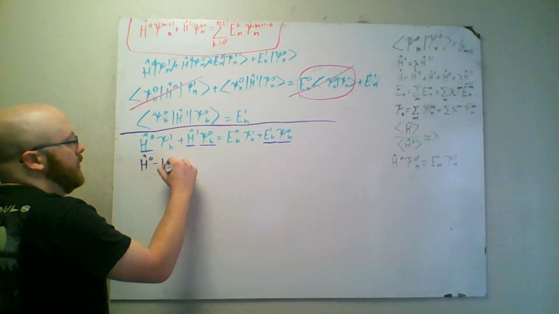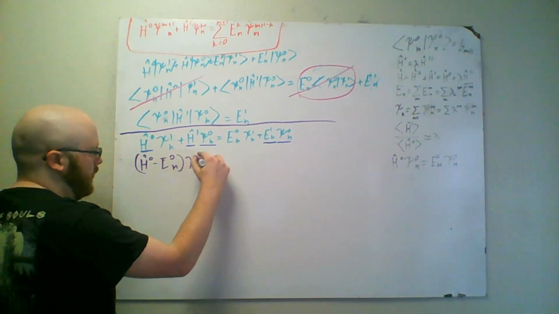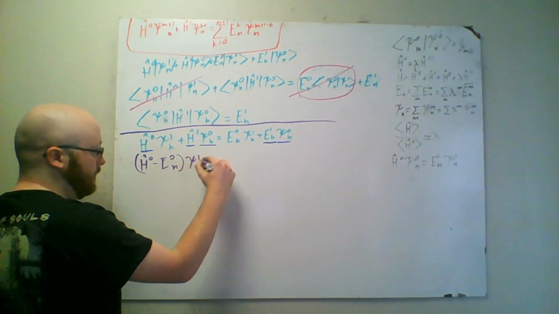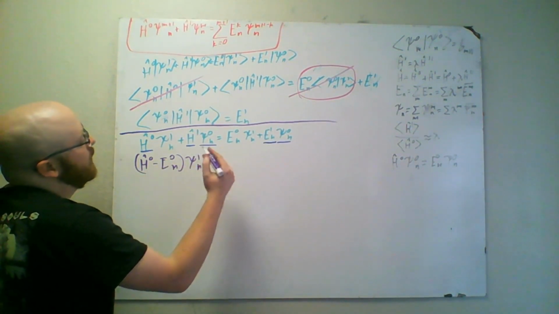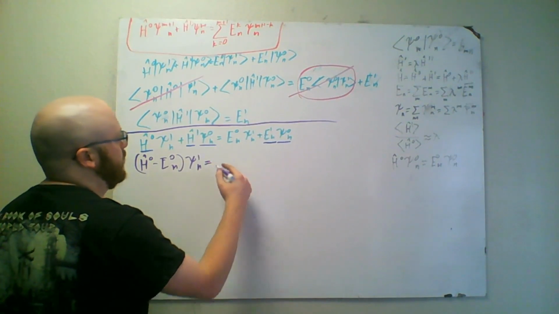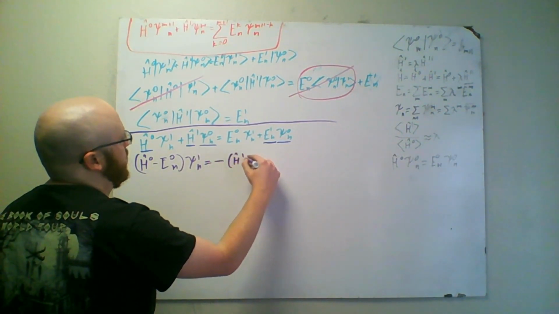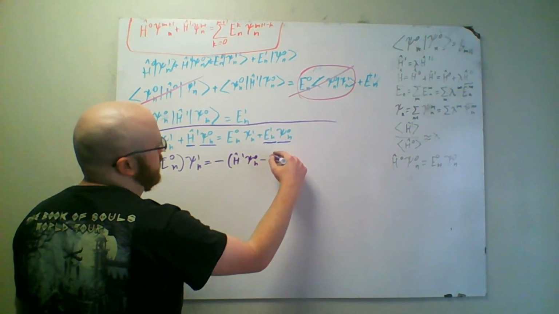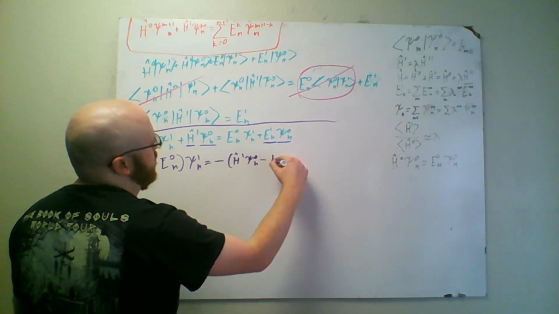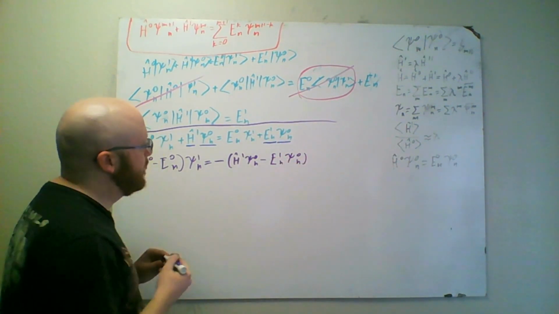So H0 minus E0n ψ1n, equals negative H prime ψ0n minus E1n ψ0n.